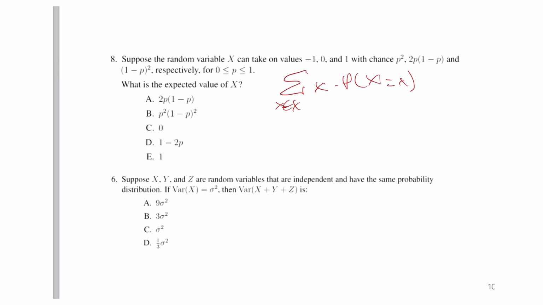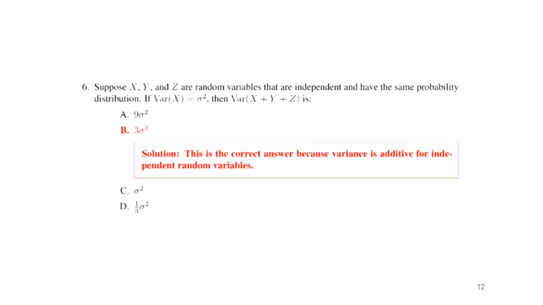So we can just sum up these 3 variances: the variance of x plus the variance of y plus the variance of z. Since they're identically distributed, each of these is just sigma squared. So the total is 3 sigma squared. Okay, any questions on this?